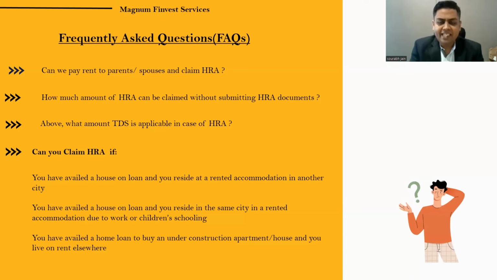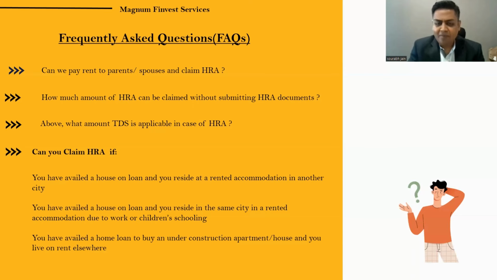What income tax says is that you have to prove the genuineness, why you are staying in rented accommodation in spite of having your own house in the same city. It's very difficult for the company to take the genuineness reasons from each and every employee. So most companies prefer, as per internal policy, that if you're staying in the same city where you own a house, you can claim either of the two.